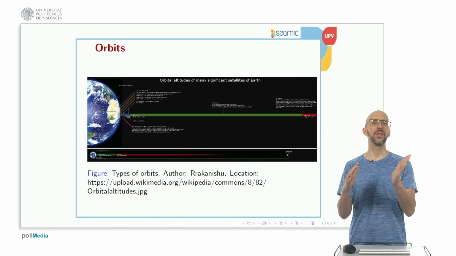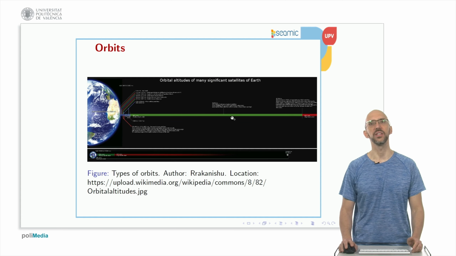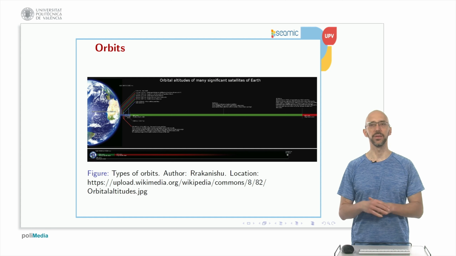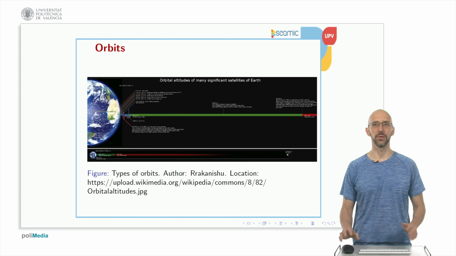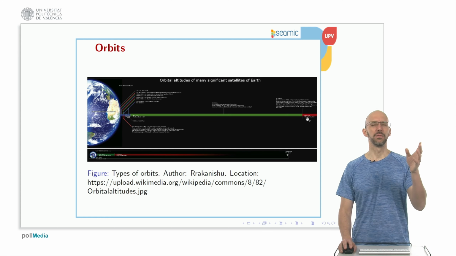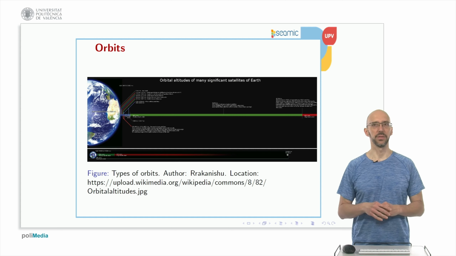It's all this range in which you can find, more or less here, the GPS satellites, and high Earth orbits, very far from the Earth, like geosynchronous orbits that are around here. I think the distance is more or less 40,000 kilometers from the Earth. Okay, so this is just a way to classify the satellites orbiting around the Earth.